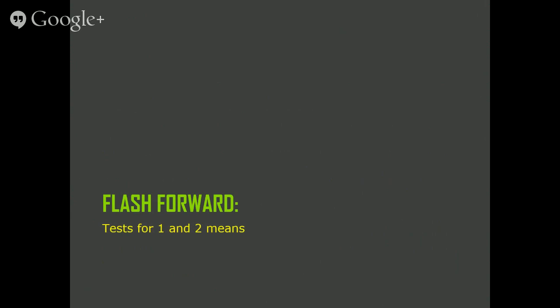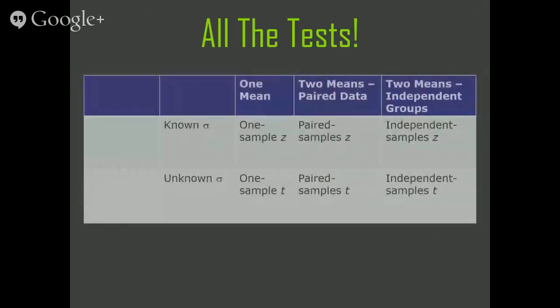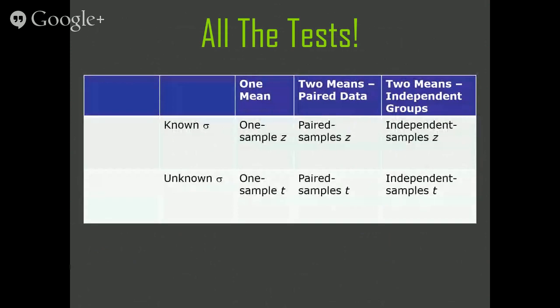So now, flashing forward quickly, there's going to be a number of tests for means, and let's talk about 1 and 2 means. For more than that, we'll do ANOVA later, but for right now, just 1 and 2 means. There's a number of situations going on here, and there are 2 different dimensions to this. Number 1, sometimes we know the standard deviation of the population, and sometimes we don't. As we've seen already, not knowing it is more common.